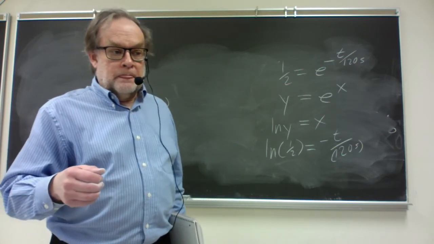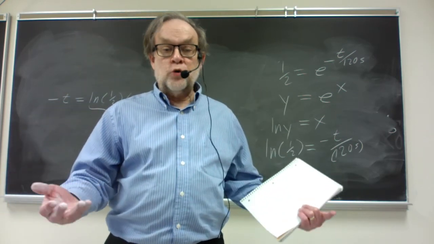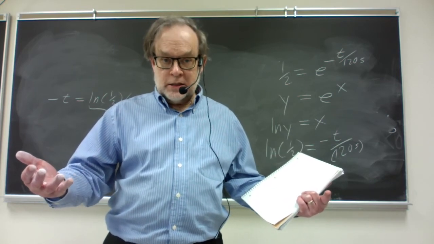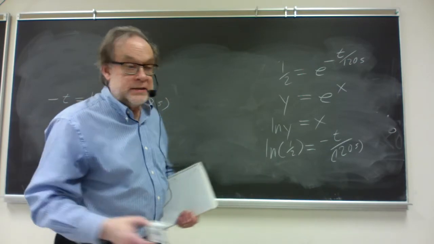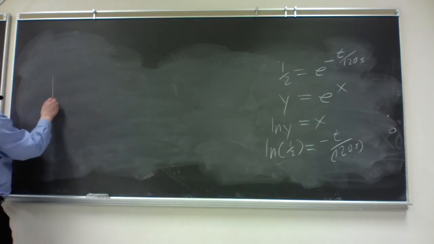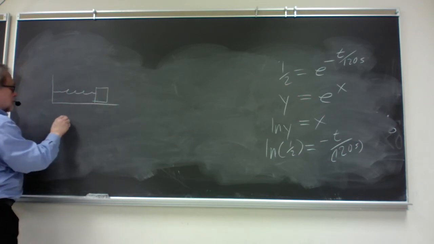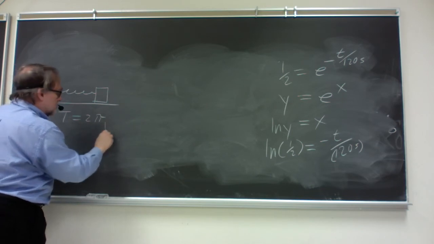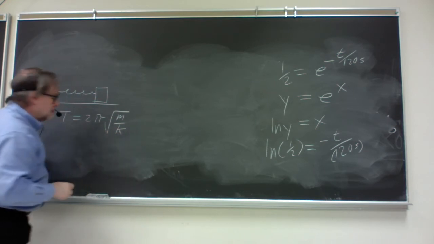Well, every oscillating system has a normal frequency at which it naturally likes to oscillate. In the case of our basic mass spring system, we've seen that the period, the time it takes to make one cycle, is 2 pi times square root of mass over k.